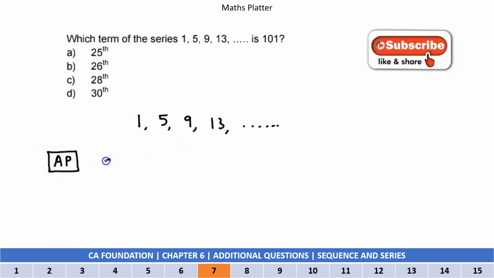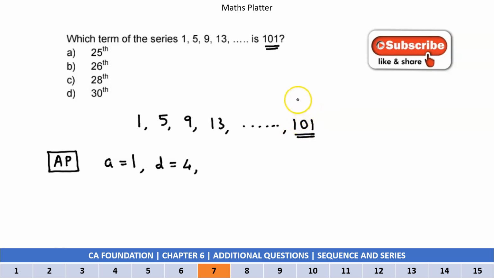And here the first term is 1. We name the first term as A. So first term is 1, and the common difference between the terms is 4. And we have to find the position of this term, that is 101. So we have to obtain which term number 101 is.